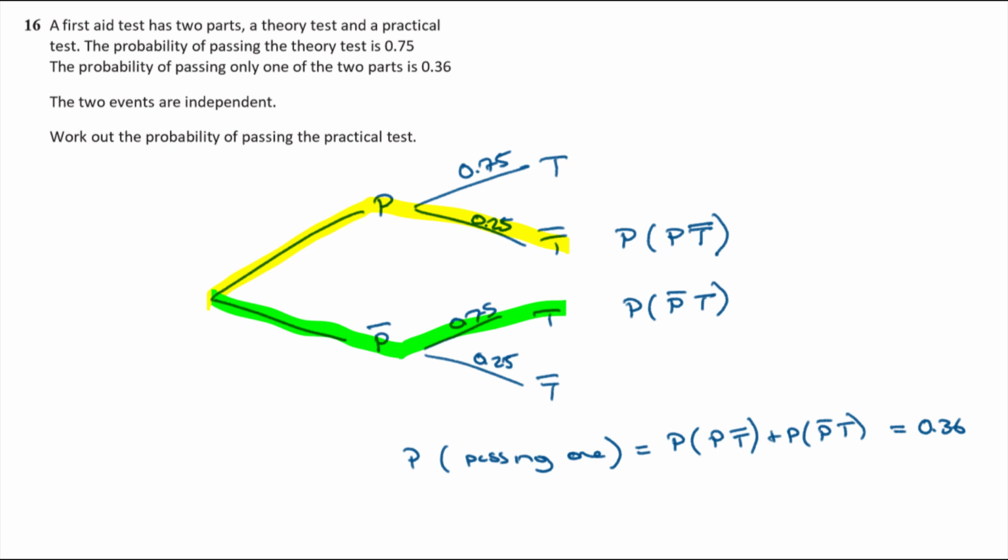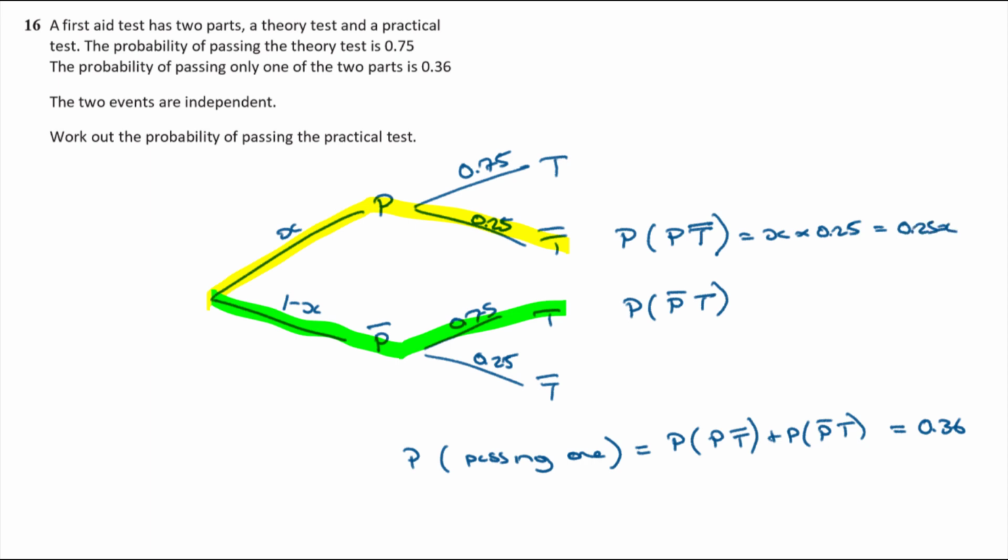So if I said that this part here was x, the probability of passing the practical was x, then the probability of not passing the practical is going to be 1 minus x, isn't it? Because the two things add up to 1. So then the probability of passing the practical but not the theory is going to be x times 0.25, which is just 0.25x.